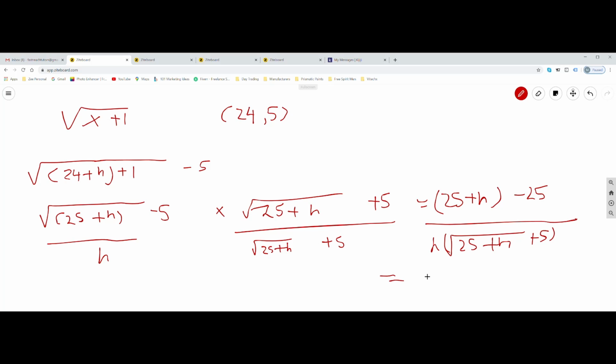You're left with h over h, so the h is canceled. You're left with 1 over square root of 25 plus h plus 5. If you substitute 0 as h, you get square root of 25, which is 5, plus 5, so it's 1 over 10.